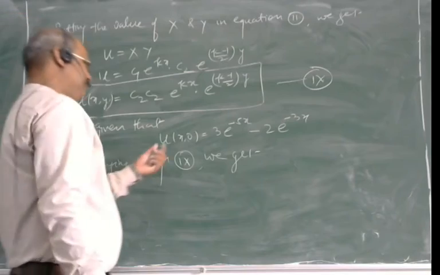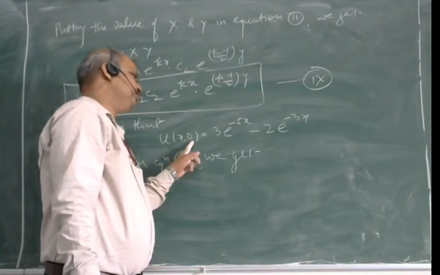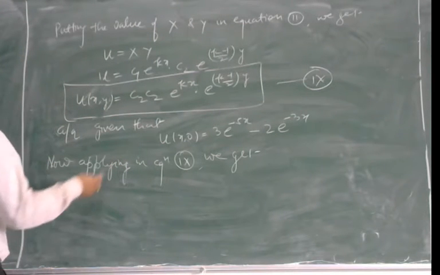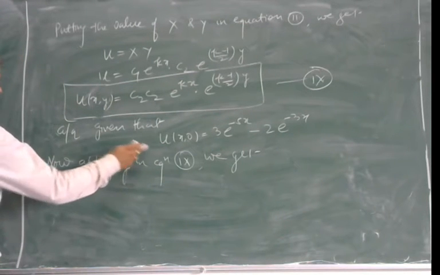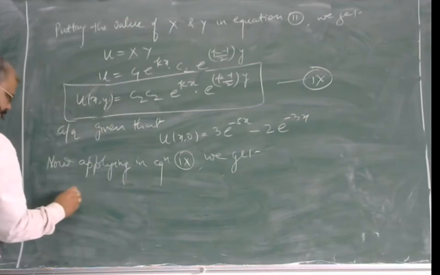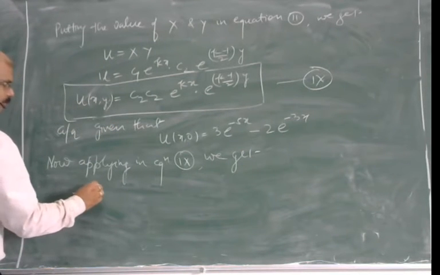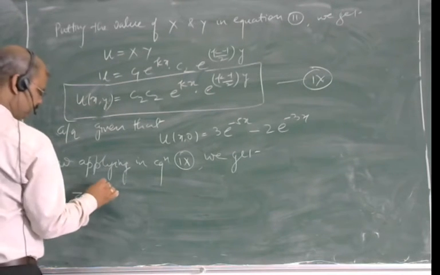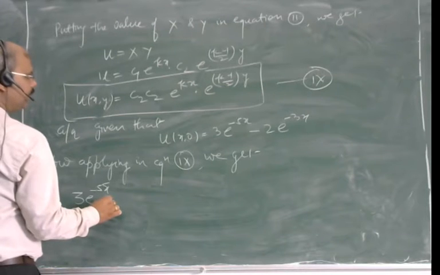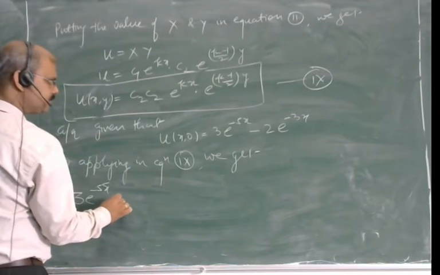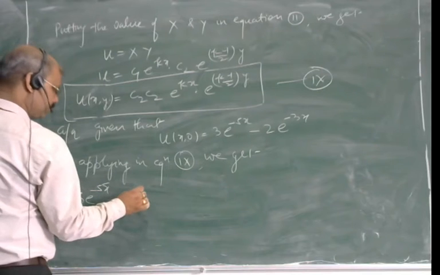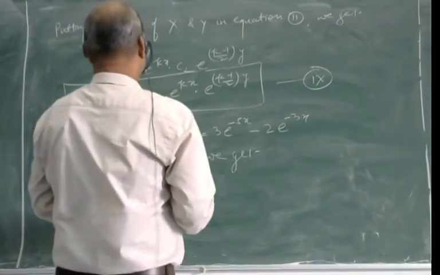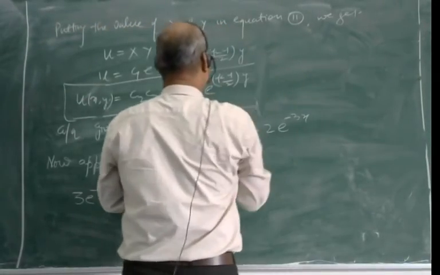So it is given that if y is 0, use this. So let us put y equal to 0: u(x,0) is 3 e to the power minus 5x minus 2 e to the power minus 3x. This solution can be expressed in some other way also. It can be expressible like this.